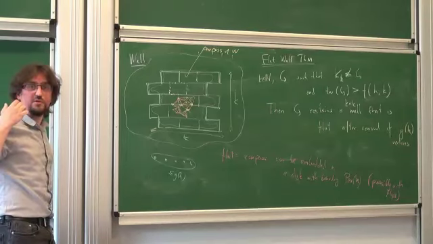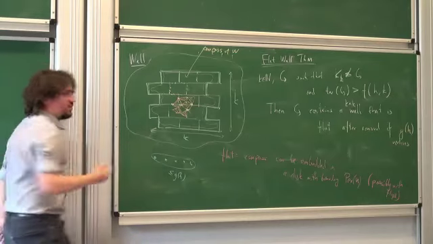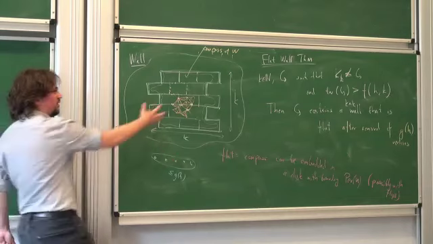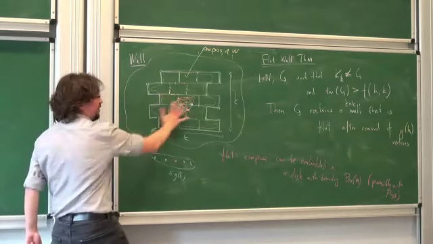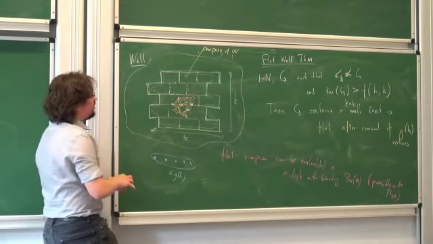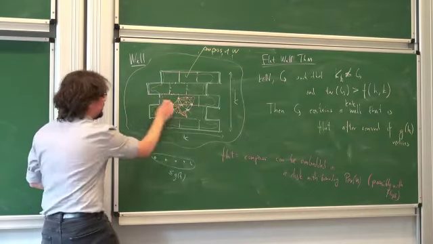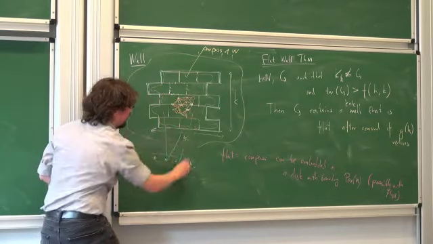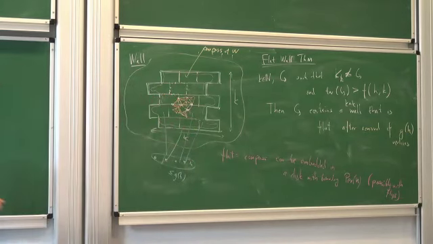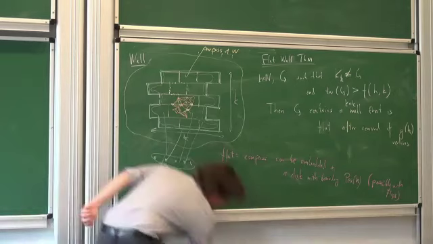So I remove those vertices from the graph. After the removal, I look at the connected component, and this connected component can be drawn here. So in particular, the inside of the wall cannot communicate with the outside of the wall, other than through the apices. Good. So that's the flat wall theorem.